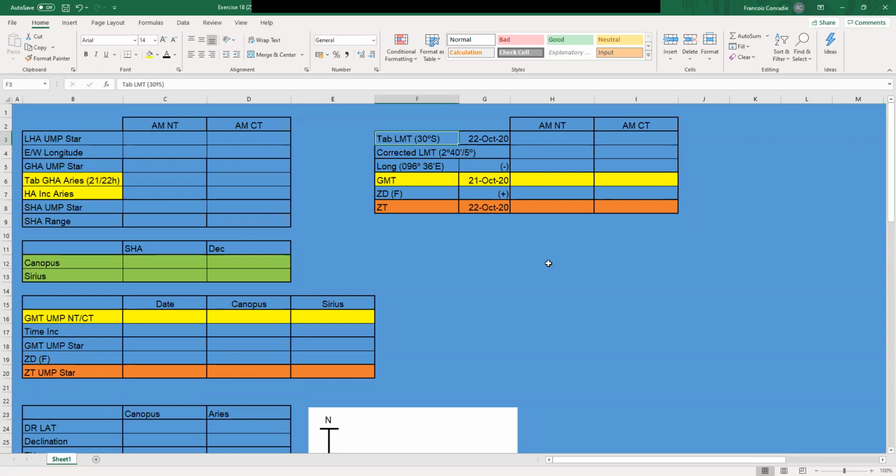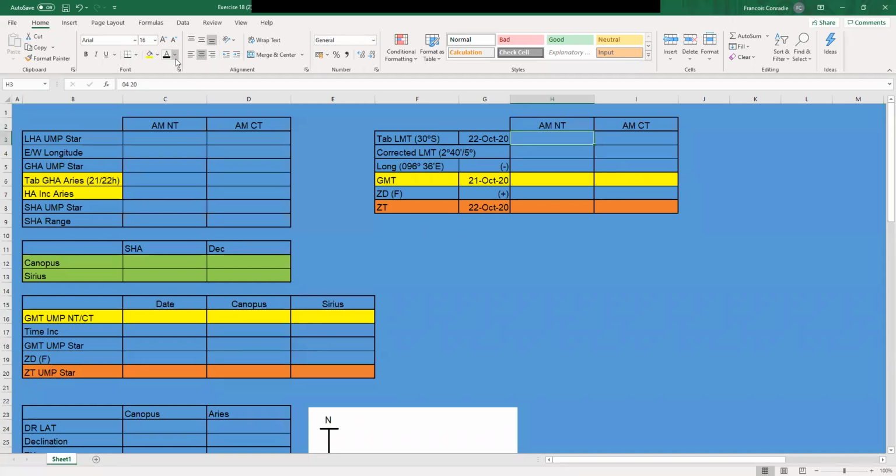So it's basically the exact time for that specific thing, like in this case, twilight at your latitude and at your exact longitude. That means it needs to be corrected again. You need to apply a longitude correction to get it to GMT, and that's exactly what we're going to do here. So it's an LMT, and it's at 30 degrees south.